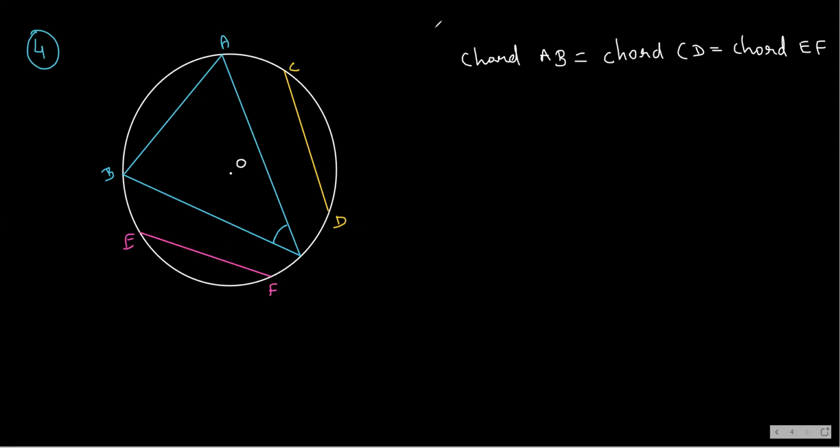Then I have angle subtended by chord CD at some point on the circle, and say here it is. Here. What is that angle? This is the angle. And I have angle subtended by chord EF at some point on the circle.